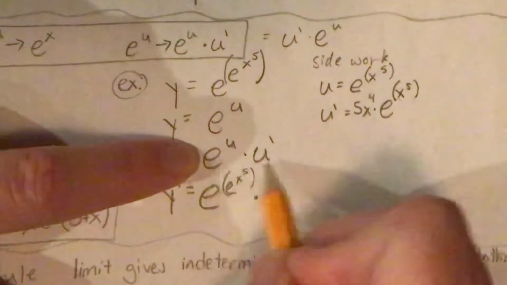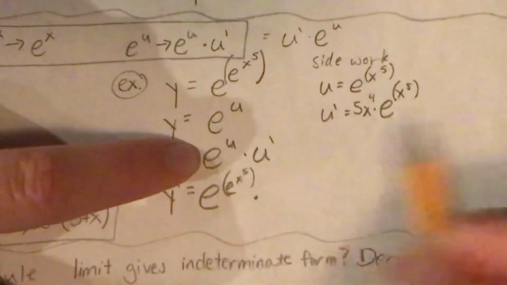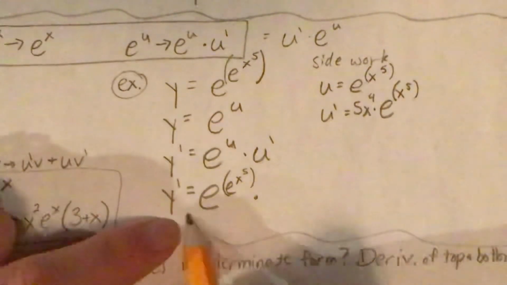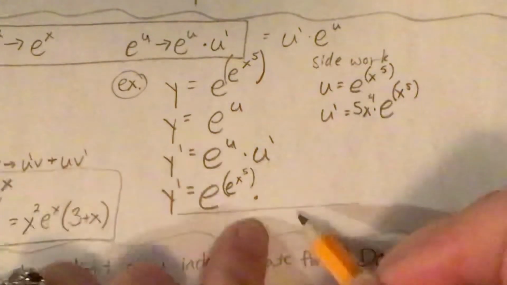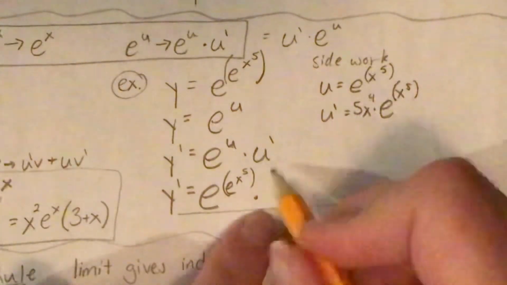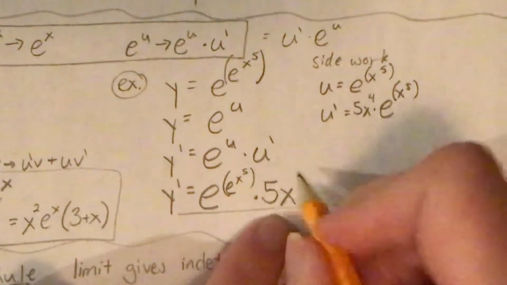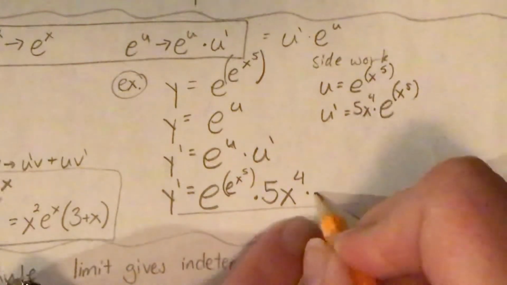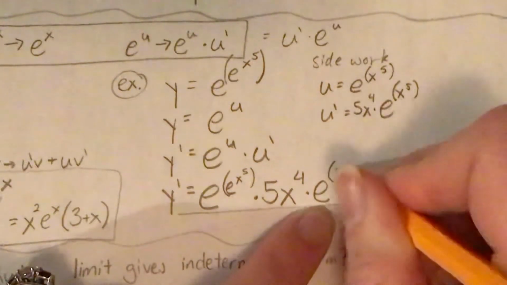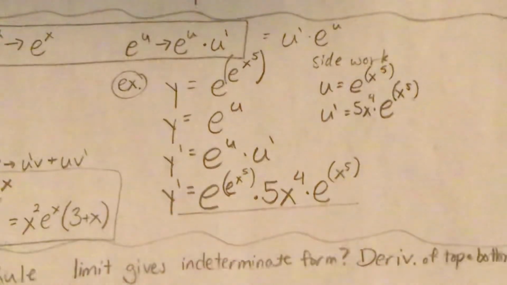U prime's at the same level as e, so just on that line, not above like an exponent, right? So u prime is 5x to the fourth times e to the x to the fifth power.